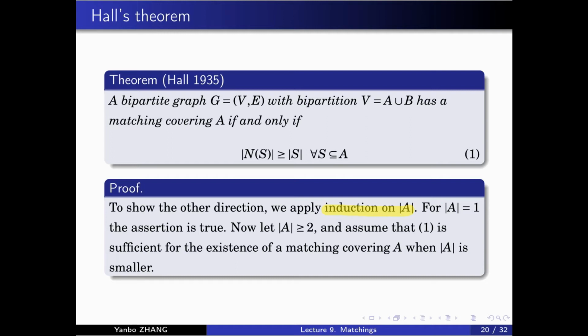Now let the size of A be greater than or equal to 2, and assume that the condition is sufficient for the existence of a matching covering A when A is smaller. This is the induction hypothesis.